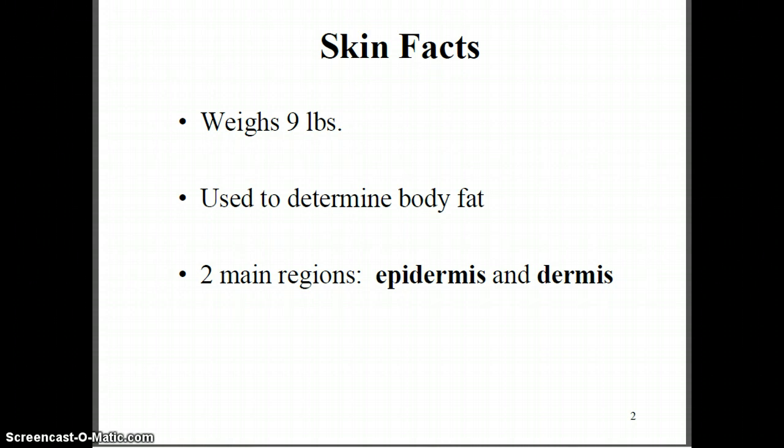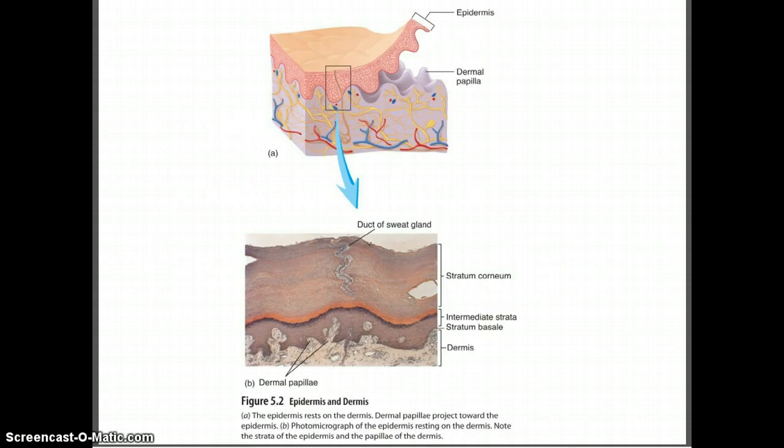The skin is divided into two main regions, the epidermis and the dermis. Now, of course, the integumentary system includes the skin and the accessory structures, including glands and nerve fibers, and we'll get to that in just a few moments.